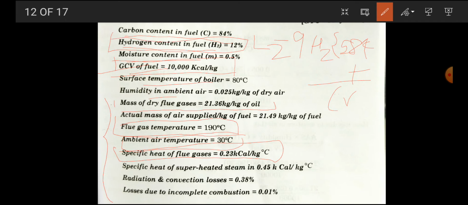Similarly, we will find heat loss due to moisture in the fuel. The moisture in the fuel is given as 0.5%, so we will use the same formula. Then next is heat loss due to moisture in the air.